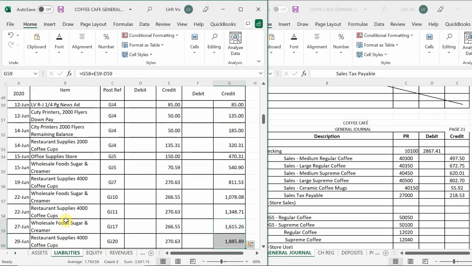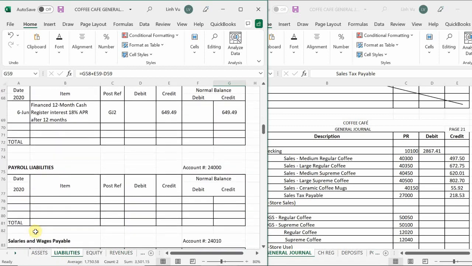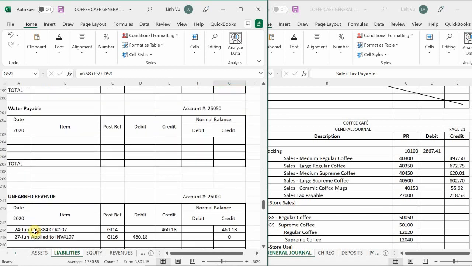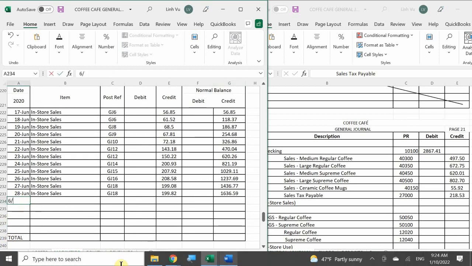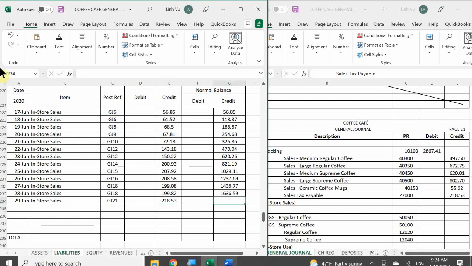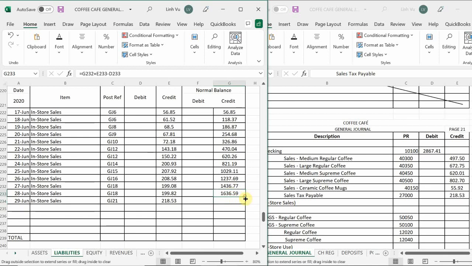Liabilities. For a total of 218.53. So therefore, how much is your ending balance? 1,855.12. Good.